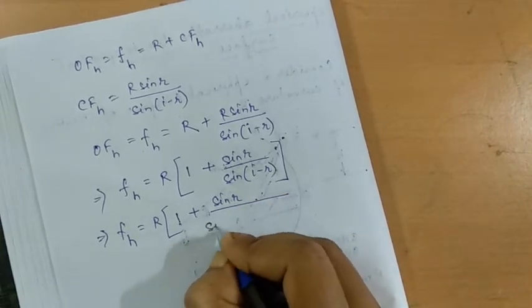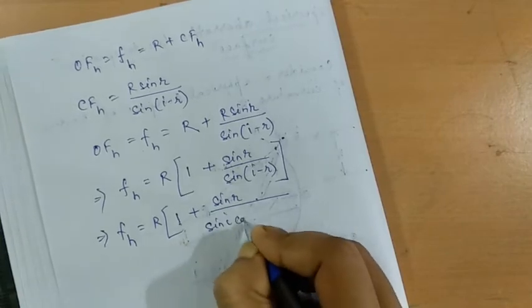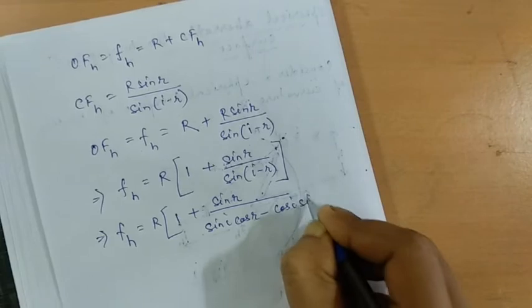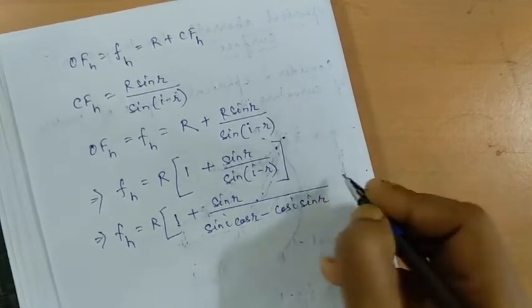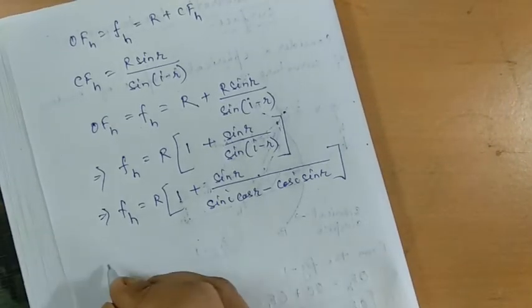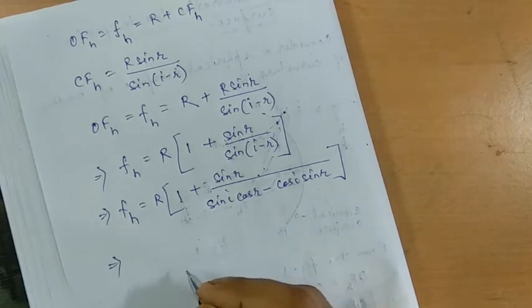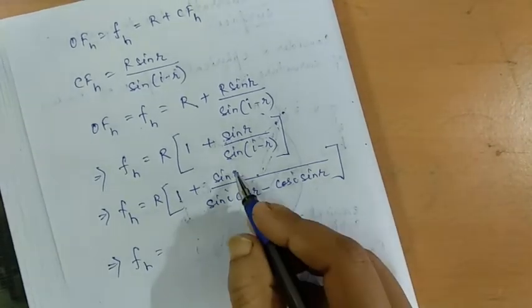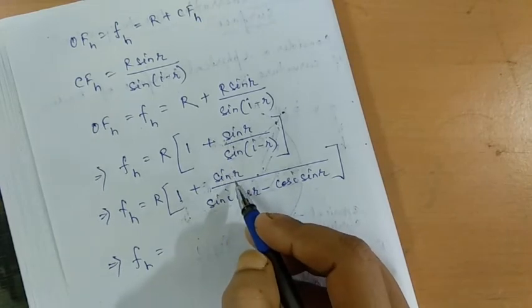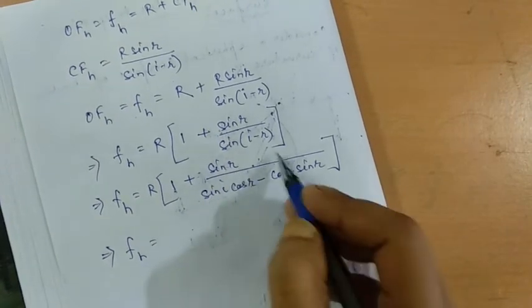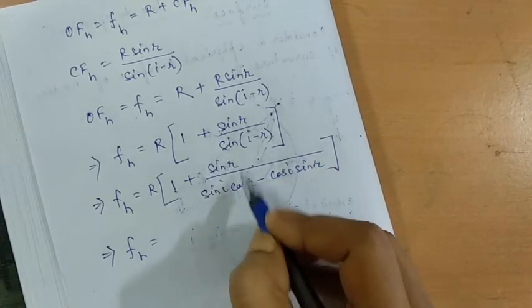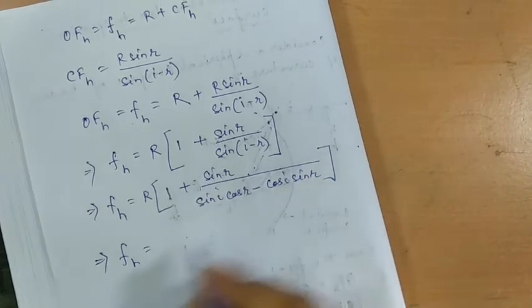You get sine I cos R minus cos I sine R. Now I am dividing by the term sine R, in both numerator and denominator.